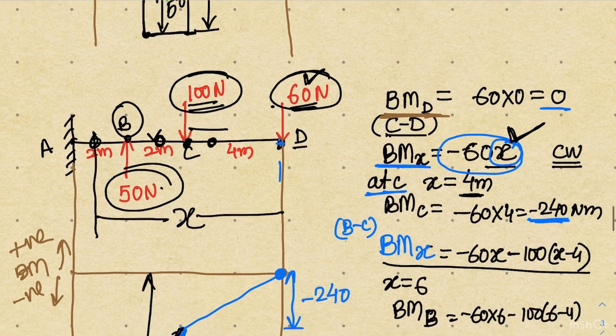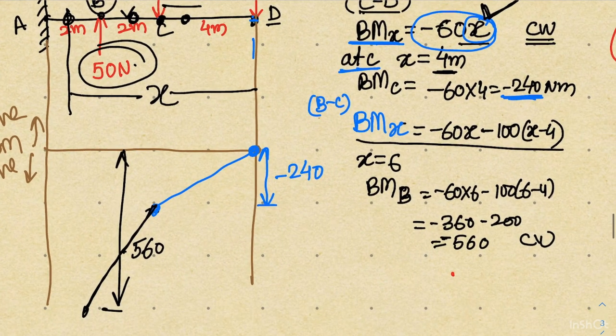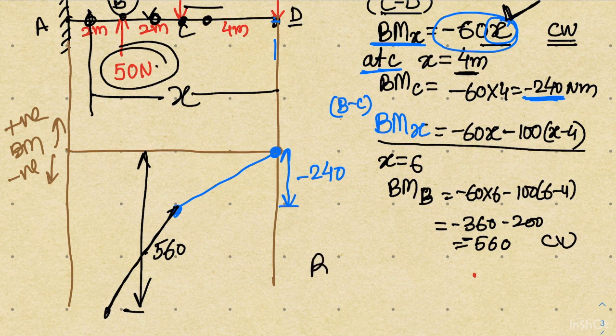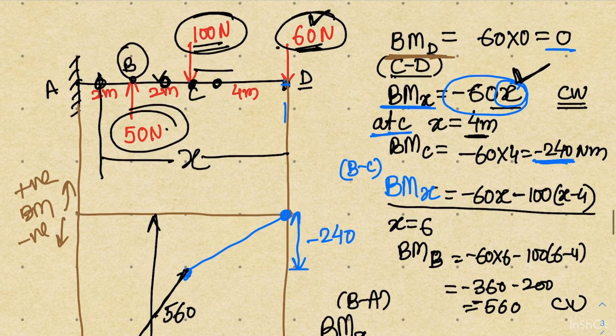And what would be my expression? My expression will be the bending moment for any value x, between B and A. So there are three loads: 60 into x, 100 into total x minus 4, and 50 into total x minus 6.